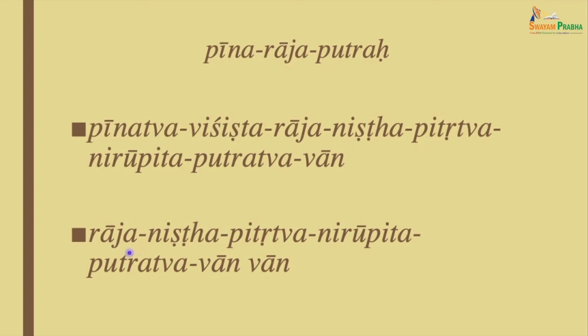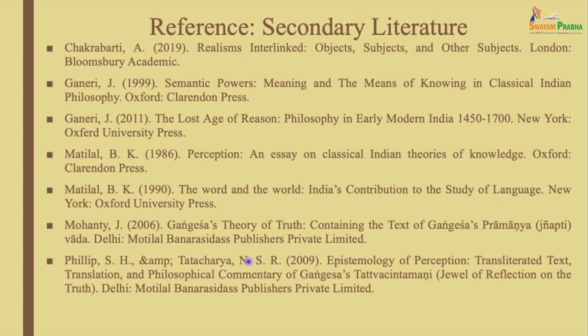Or it could mean, that's a completely different interpretation, that the king has Pitritva, which is determined by Putratva, and that very Putratvavan, that very person who has that kind of a Putratva also has Pinatva, fatness in him, right? So I missed something. Add Pinatva here.